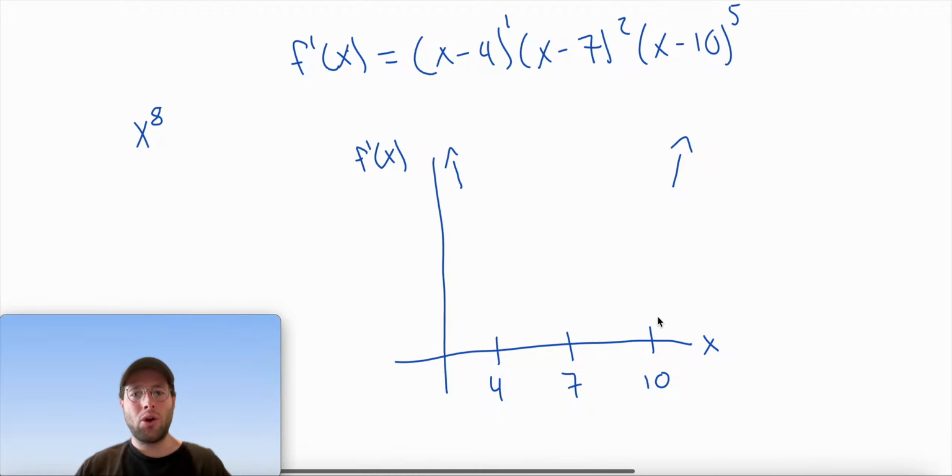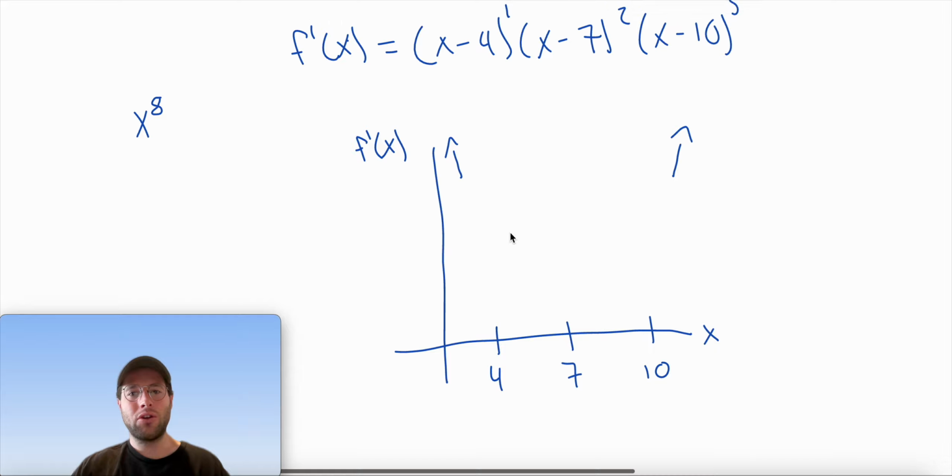Okay, so what does the multiplicity of the roots tell us? Well, if the multiplicity of the root is odd, then that means that at that root we're going to cross through the x-axis. And if the multiplicity of the root is even, then we're just going to touch the x-axis but not cross. And so let's use that.